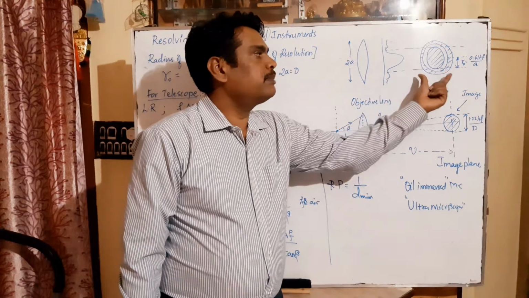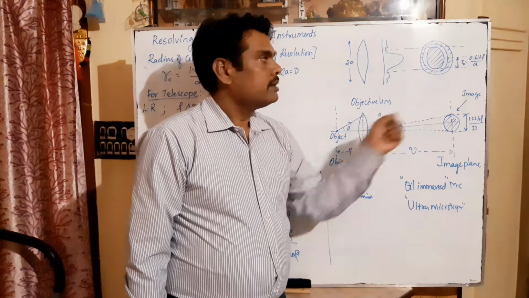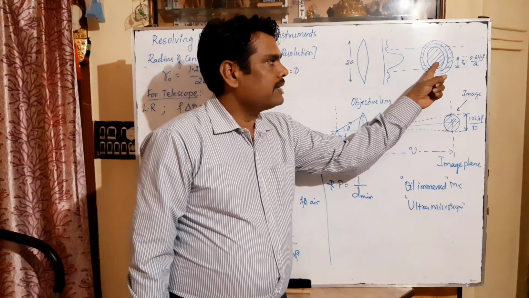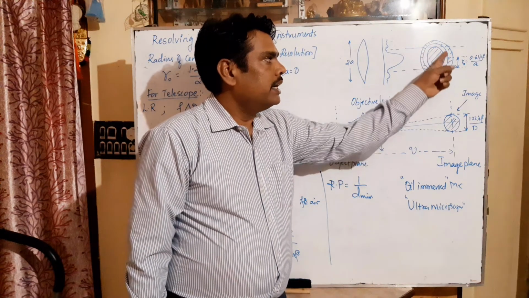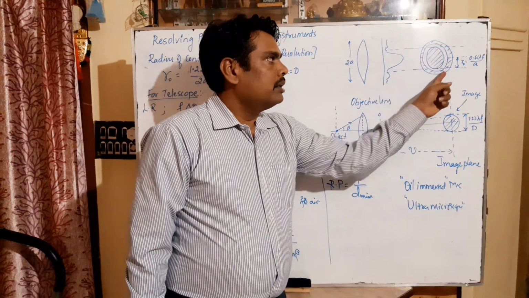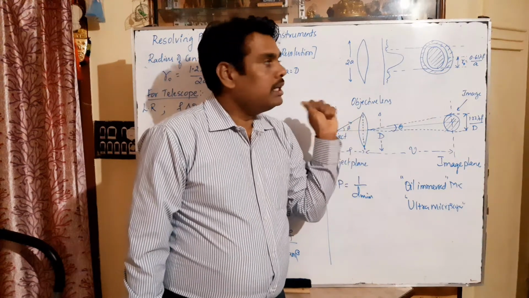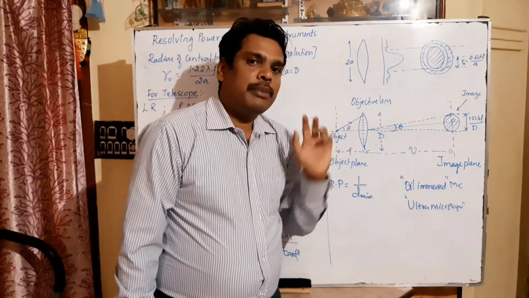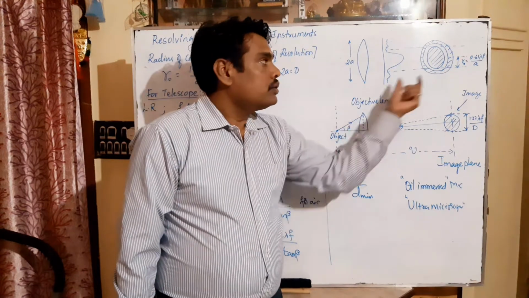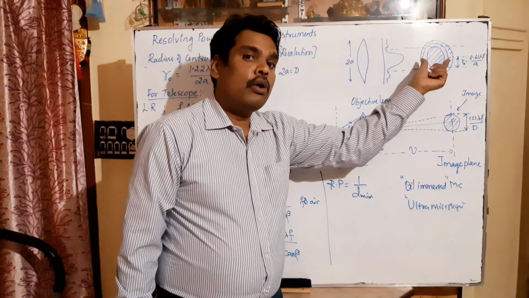That bright spot of light is treated as the central maxima. Surrounding that is the secondary minima, and surrounding the secondary minima there should be secondary maxima. To understand the resolving power of an optical instrument, this central maxima plays a vital, important role.